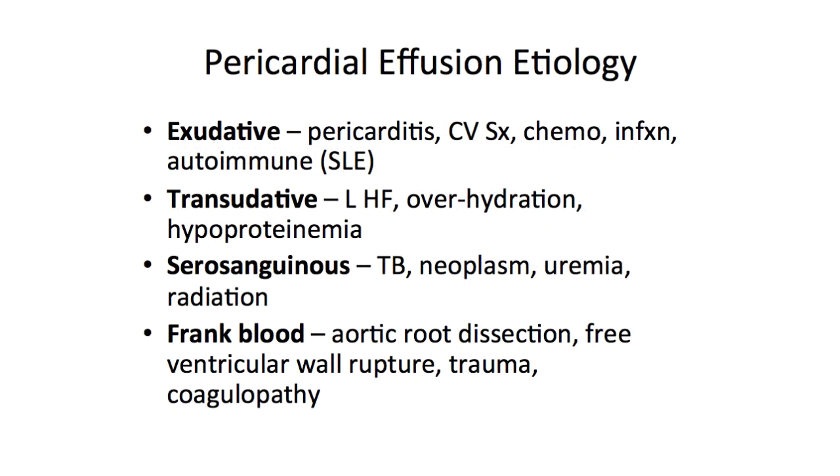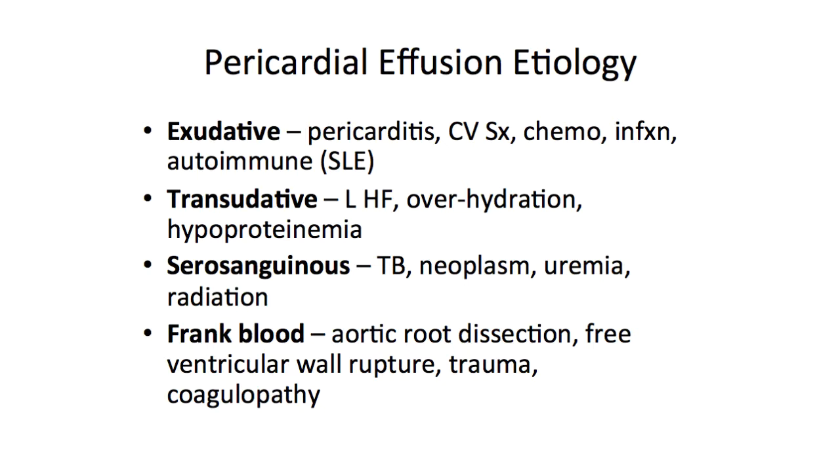Pericardial effusions have a variety of etiologies. They're primarily classified based on the type of fluid, whether it be exudative, transudative, serosanguinous, or frank blood. Exudative causes include pericarditis, cardiovascular surgery, chemo, infection, and autoimmune disorders such as systemic lupus erythematosus.